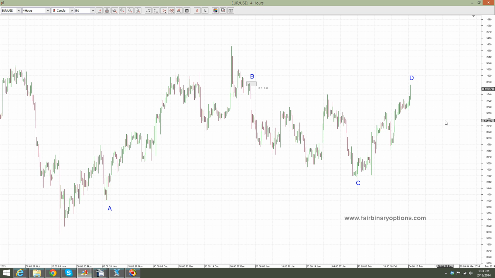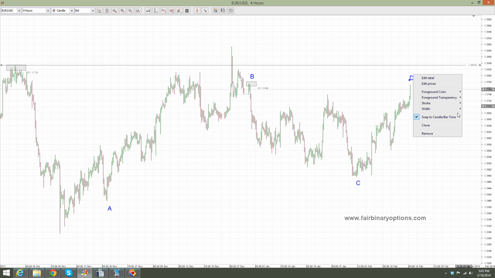So based on this, the move that started from these highs on the left side is a possible contracting triangle, wave A, B, C, D, and now we're looking for an E wave to the downside.